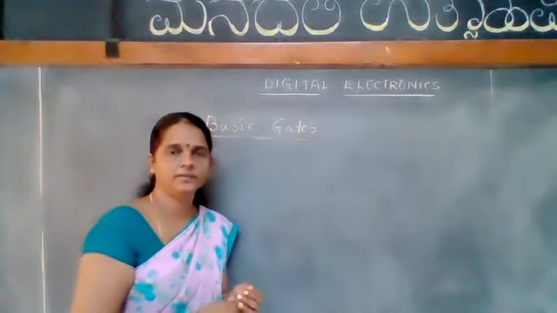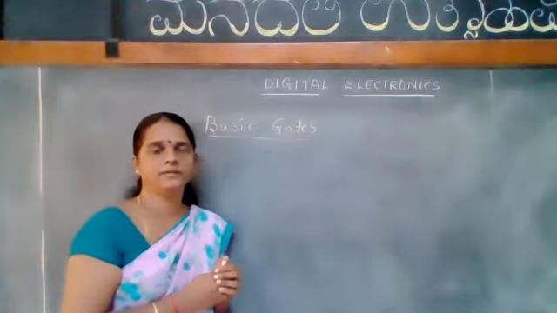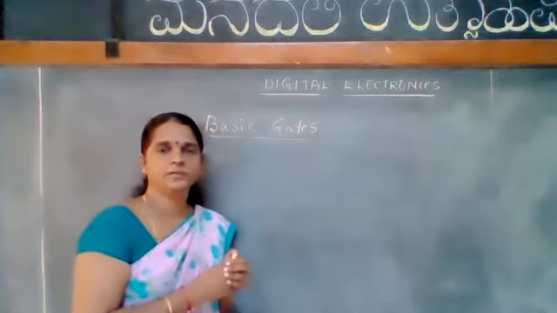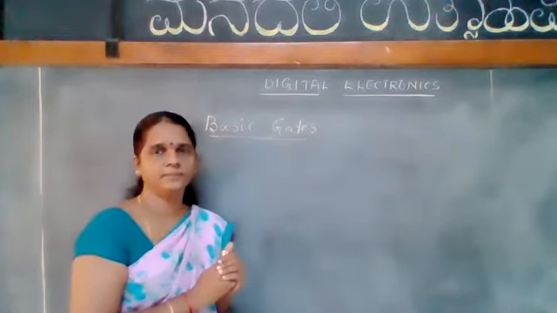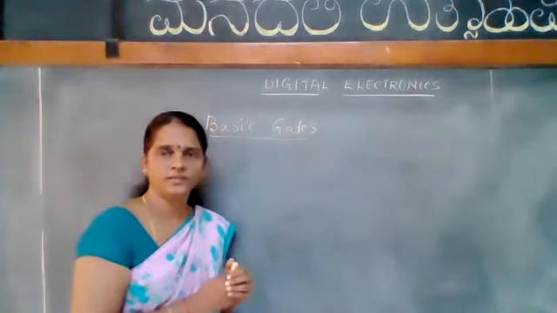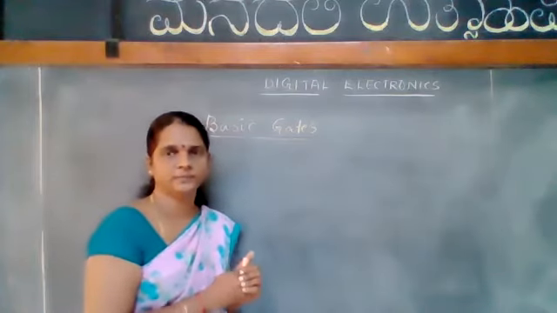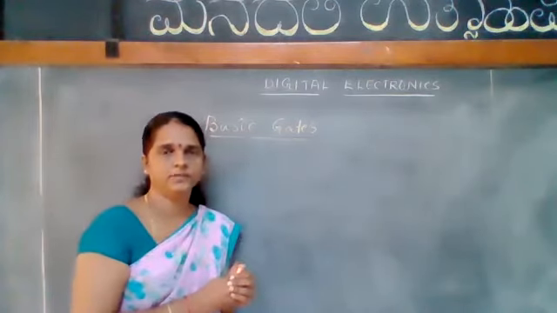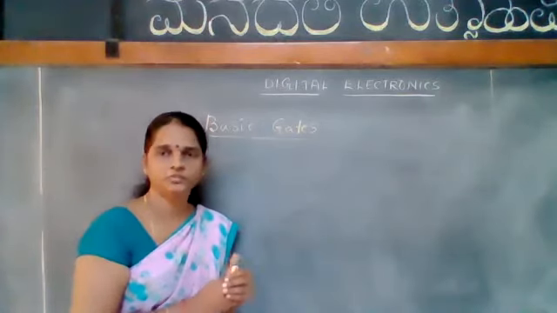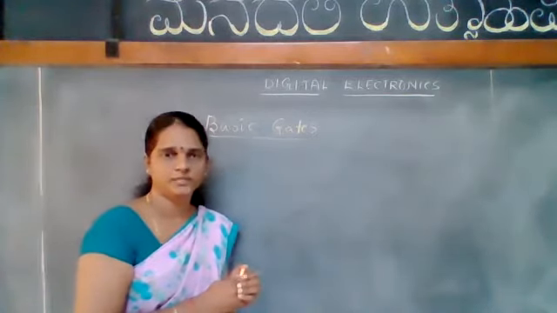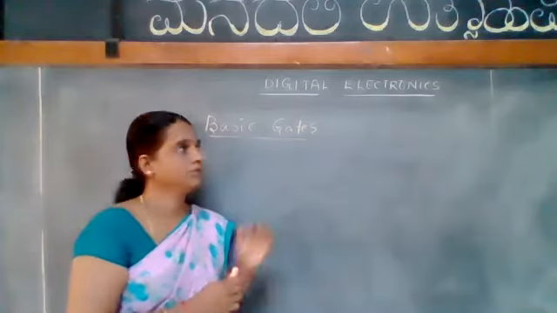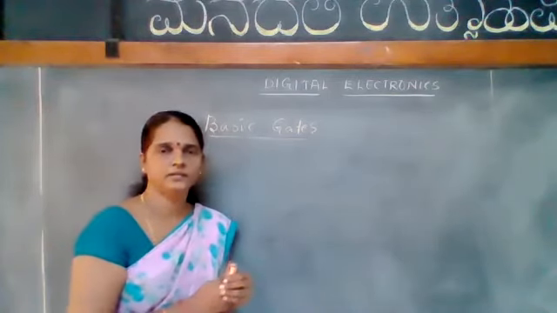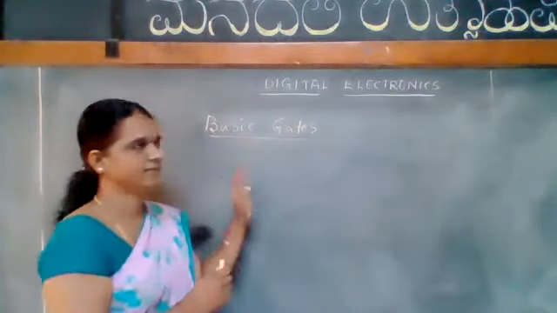What is Boolean vector? What is a complement? What is buffer? What is truth table, etc. And later on, we have studied the different rules used in Boolean algebra as well as different postulates which are used in Boolean algebra. So the next topic in this unit 3 is basic gates.